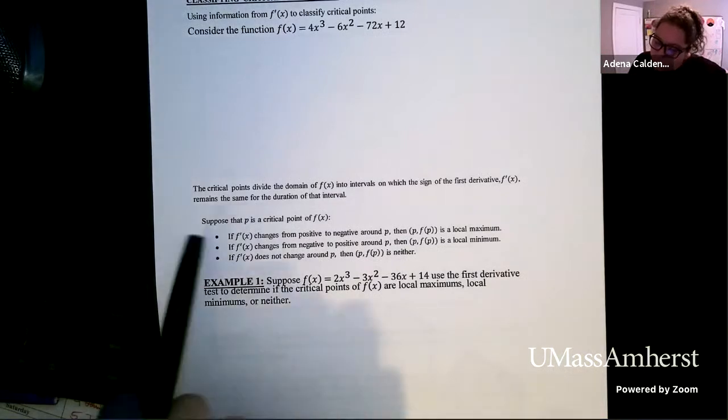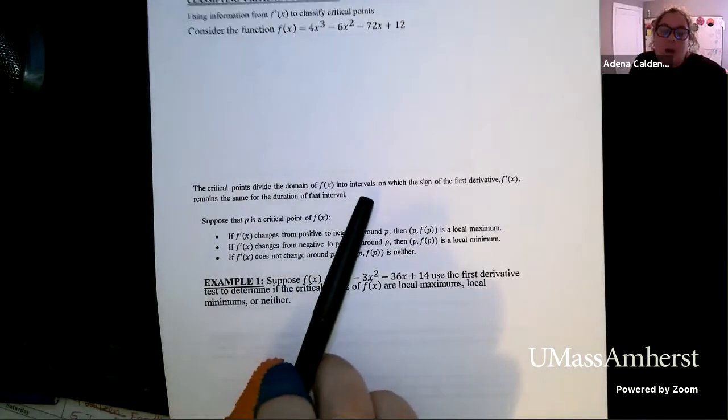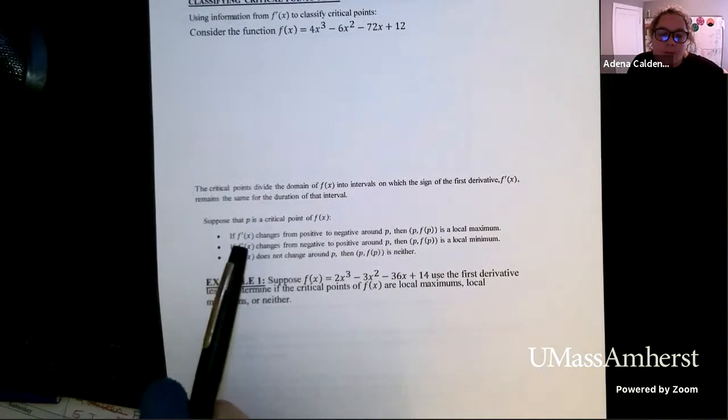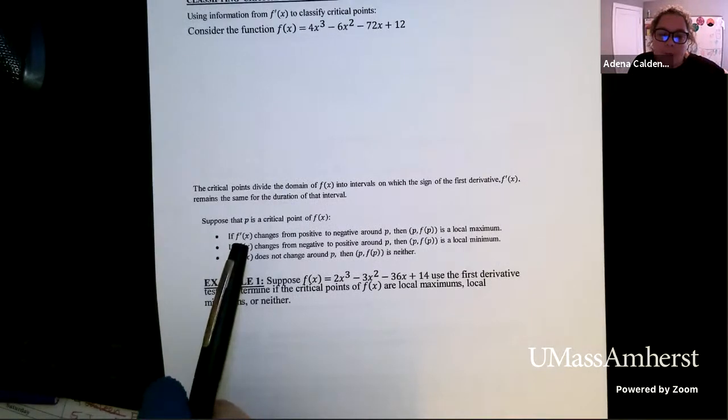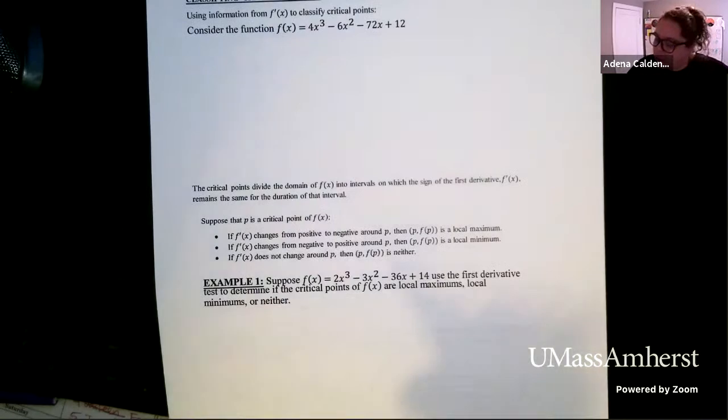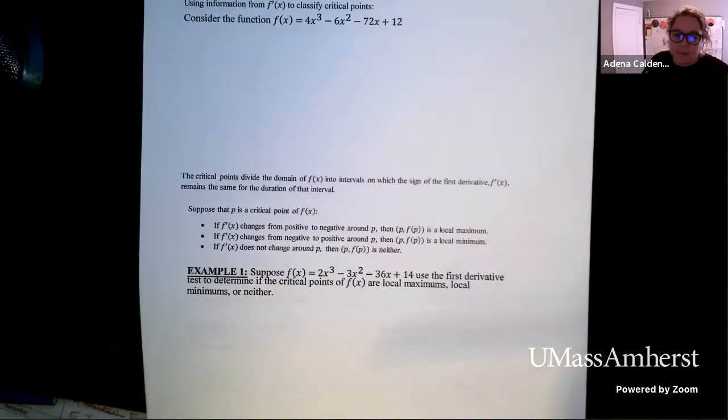So we know that the critical points of the function of this interval are going to divide it up into these subsections that are going to give us this domain for the first derivative test. And then within that, we're looking for if the first derivative changes from positive to negative, then we know our critical point is a local maximum.